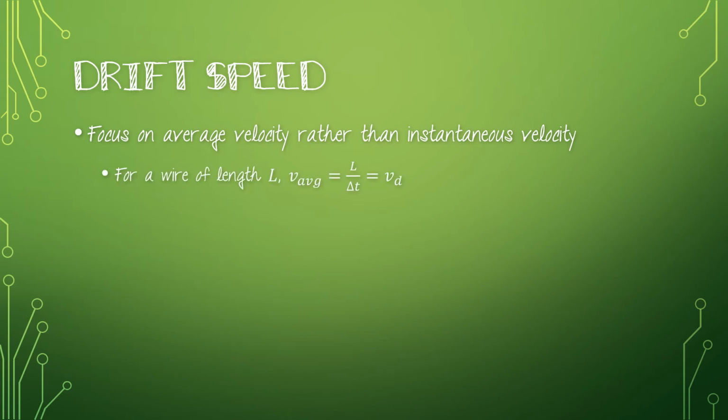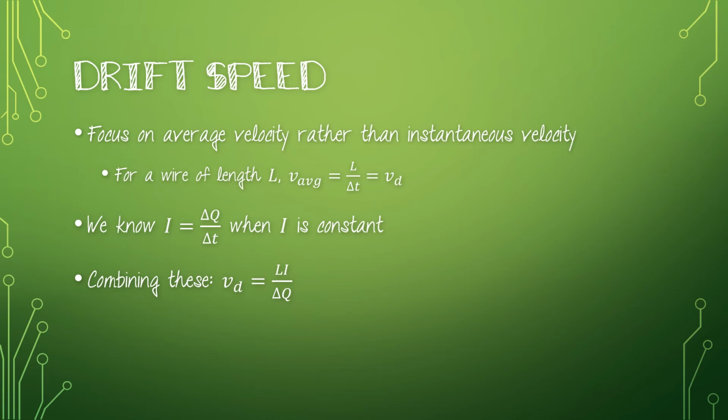If we have a wire with a length L, then that drift speed, or average velocity, would be L divided by time. We also know that current is defined as dq/dt, but if we have a constant current, as we will commonly deal with, we can change that derivative to just delta q over delta t.